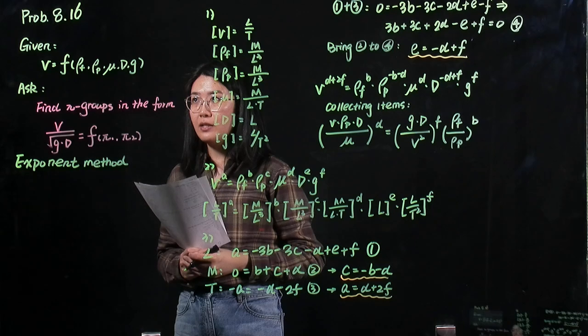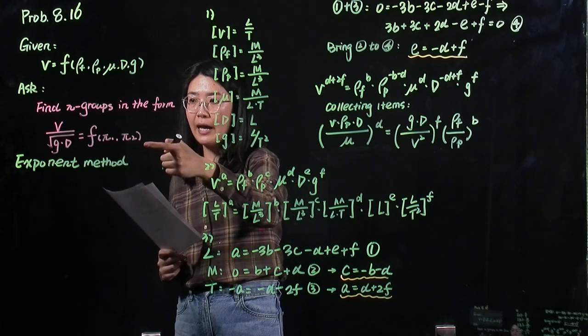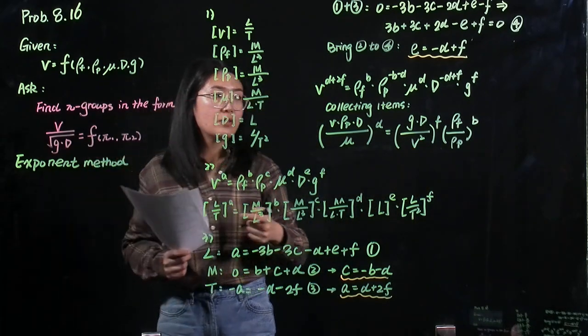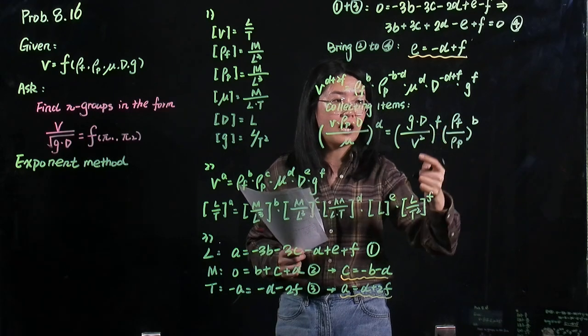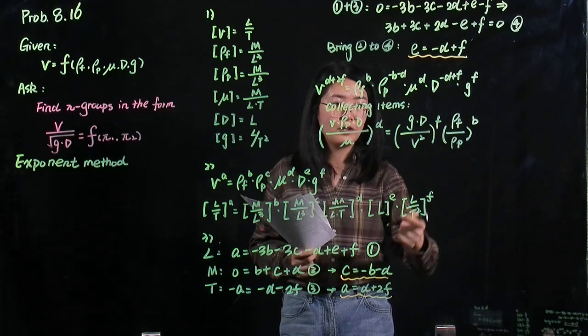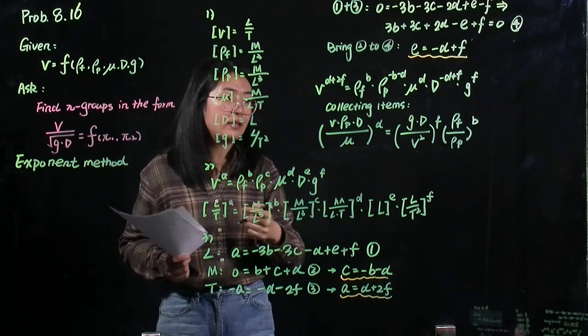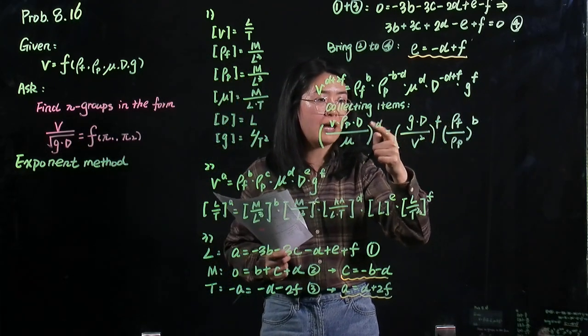Because in this problem, it asks us to find the pi groups in this item, and we can compare this one with this one. So we can adjust our power here by multiplying by minus 0.5 to have exactly the same format. Meanwhile, after we adjust the power here, we also need to adjust the power here.